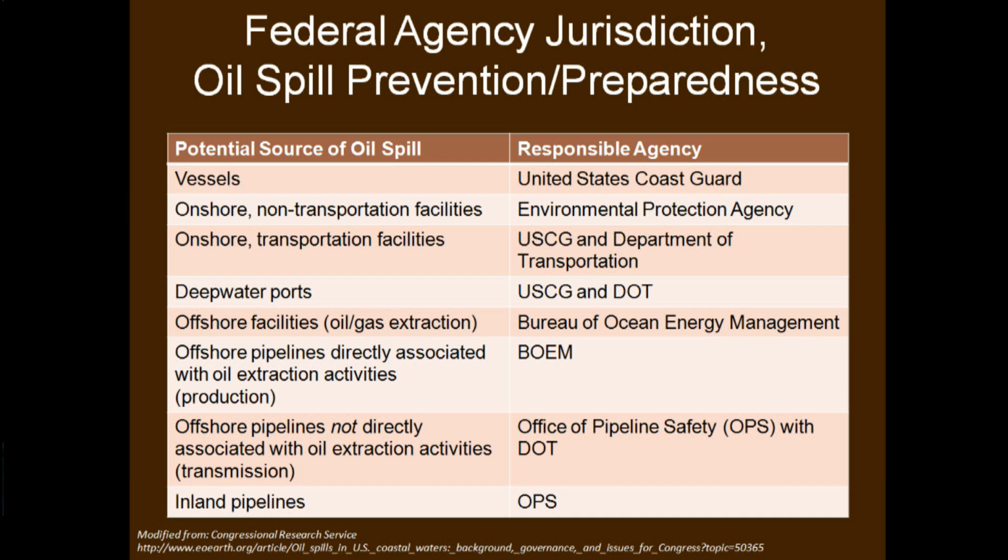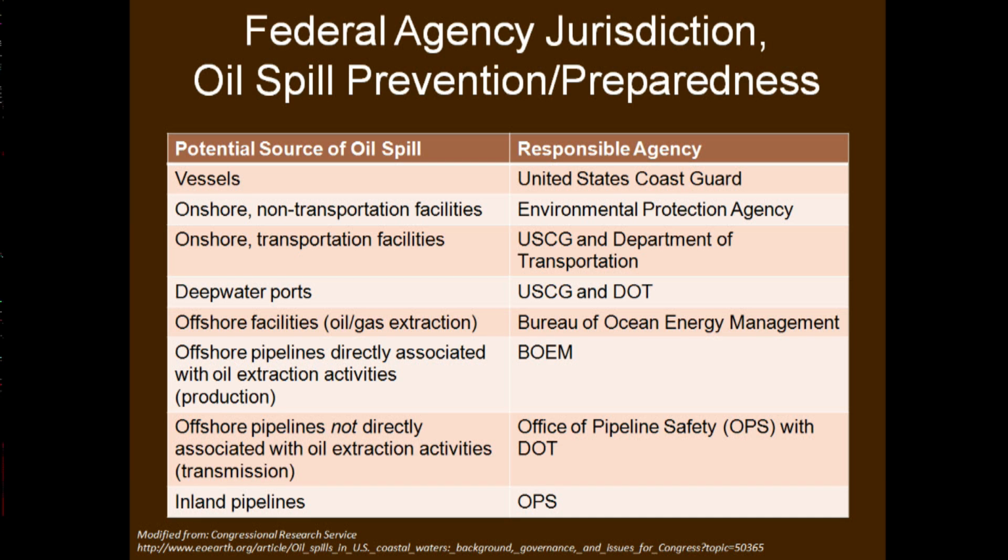If it's onshore and it's not a transportation facility, then it's the Environmental Protection Agency. If it's onshore but it is a transportation facility, then it's the U.S. Coast Guard and the Department of Transportation, which of course makes sense. For deep water ports, again, it's the U.S. Coast Guard and Department of Transportation.